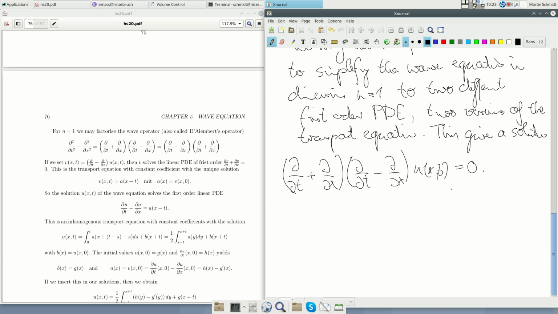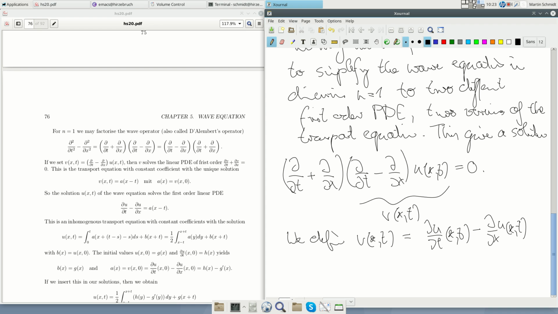We define a new function v of xt as du by dt of xt minus du by dx of xt. And then we have clearly dv by dt of xt plus dv by dx of xt is 0.